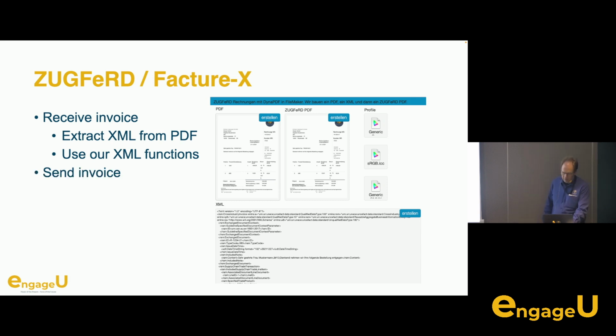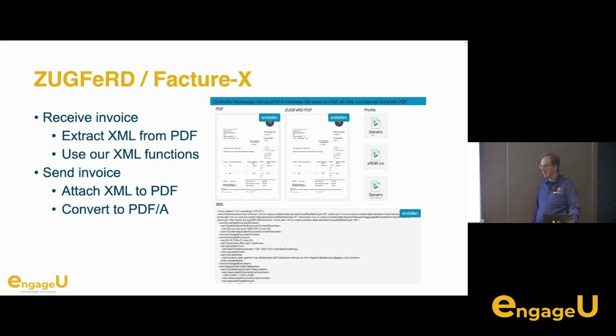Also, we can send an invoice, so the plugin can use XML functions to build the XML file and then attach it to the PDF, and we can convert to PDF/A, and so we can make these electronic invoices, which are being introduced in Germany soon. So we all need to have it, otherwise your solution is outdated. And we have a couple of example projects for this, so it can be done with a lot of copy and paste if you use our scripts.